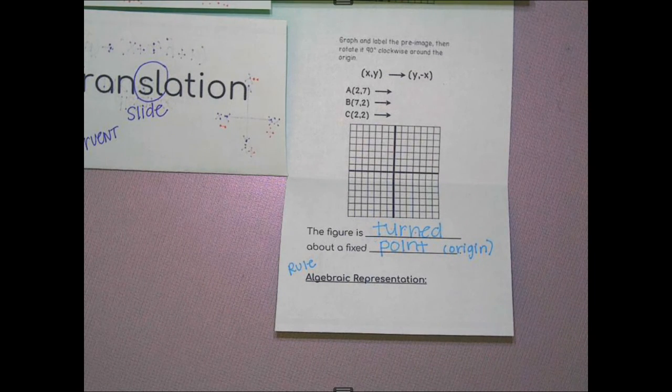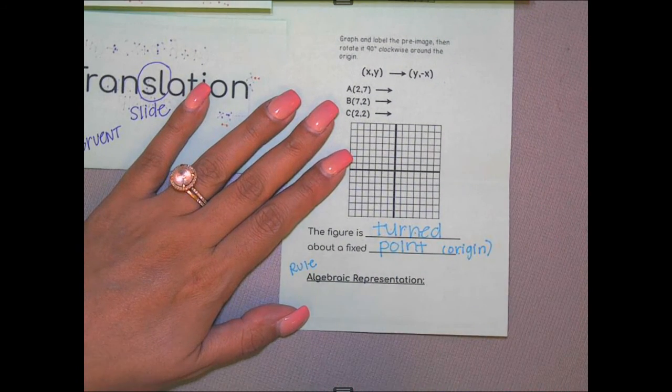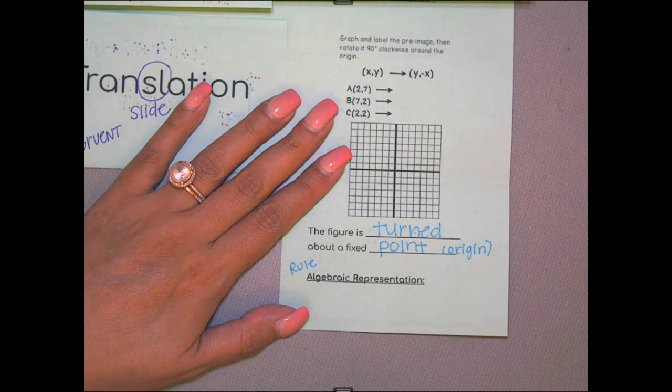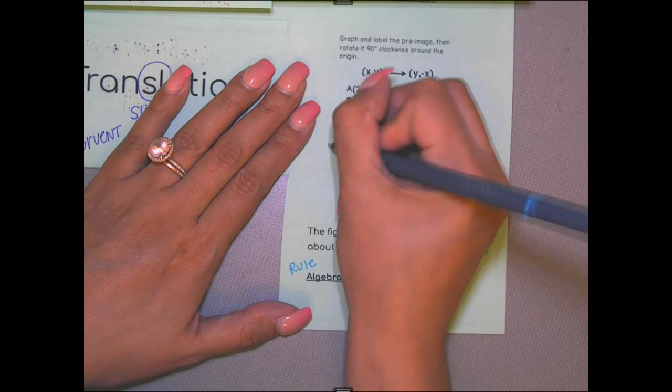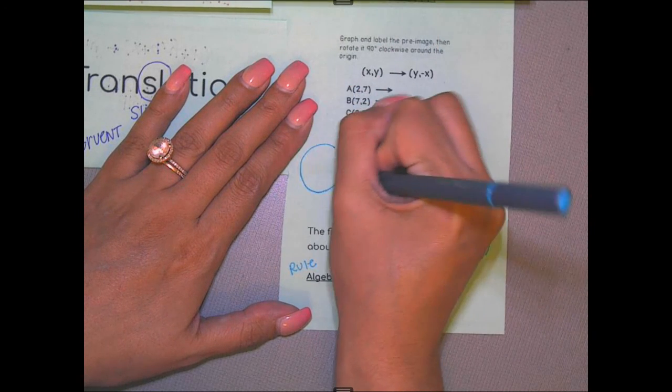So for these rules, we are going to go ahead and write down the rule for 2 kinds. We can have a clockwise rotation, or we can have a counterclockwise rotation. So to help me out, I'm going to draw a little clock here.